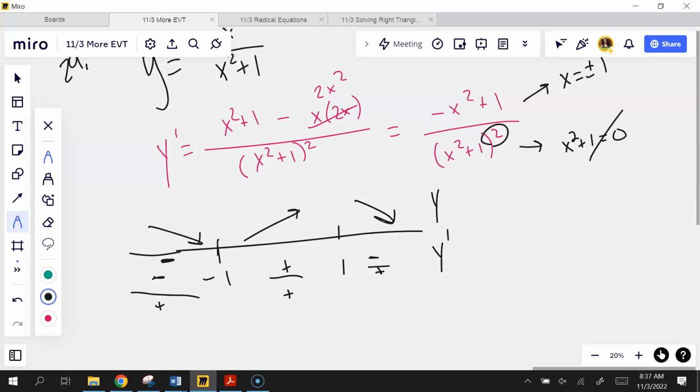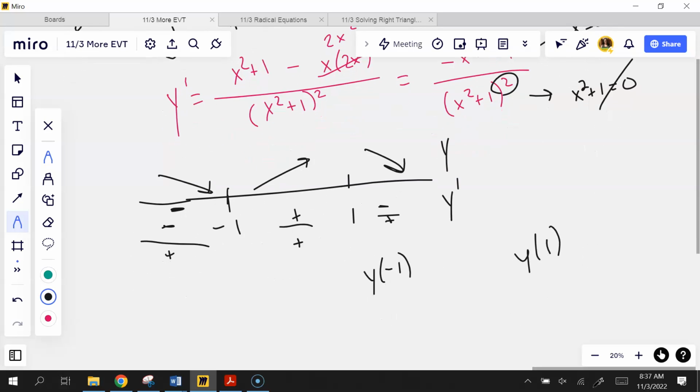I have a minimum occurring at x equals -1, a maximum occurring at x equals 1, but they did ask me for the values of the function, so I need y of -1 and I need y of 1. Y of -1 would be -1 over -1 squared plus 1, which is -1/2.